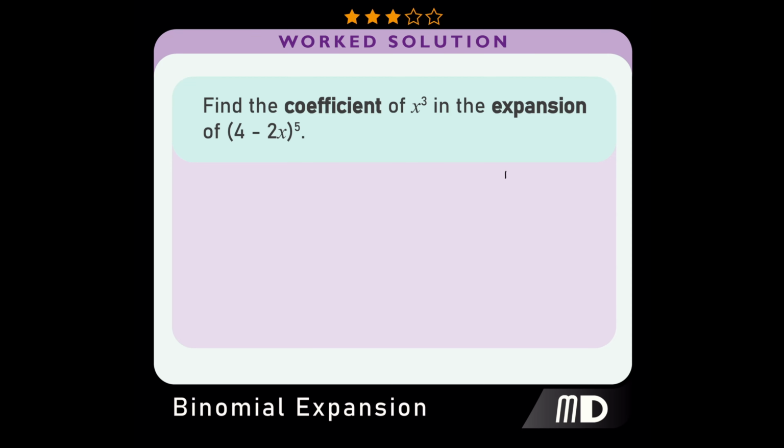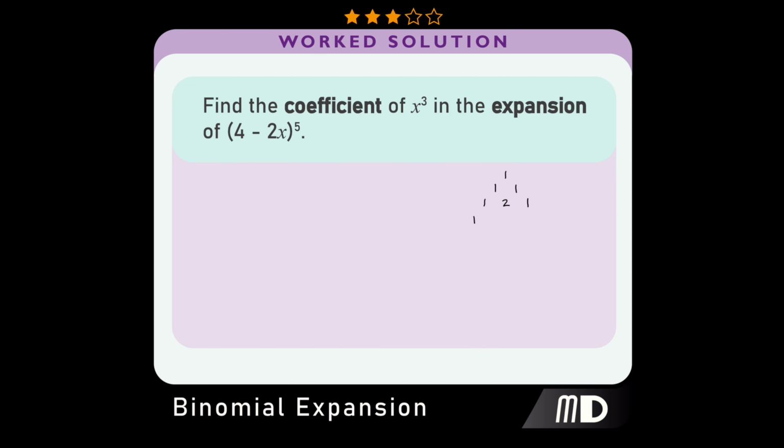The first row of Pascal's triangle is a pair of 1s directly underneath. To find the values on the second row, we need to add the numbers above. That gives us 1, 2, and 1.